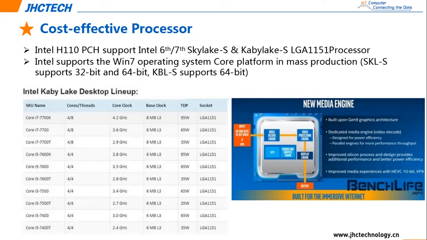Some of the Skylake S or Kabylake S have halted production, and here is a list of Intel Kabylake S processors. Some of them are very popular, for example, 7700 or 7600. It not only can support 35-watt or 65-watt TDP, it also can support 91-watt like i7 7700K because of our motherboard CPU power design.